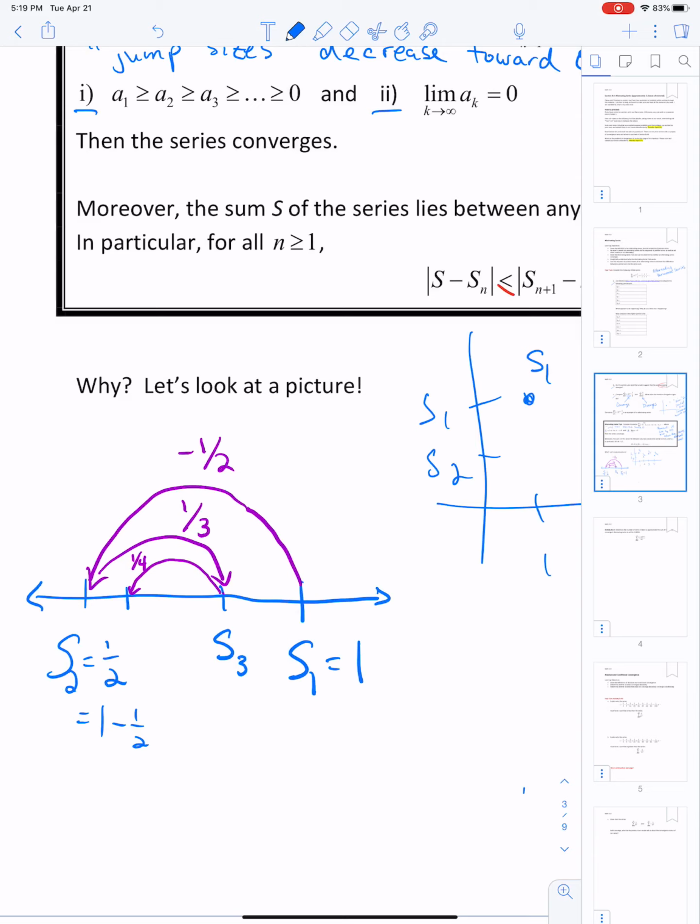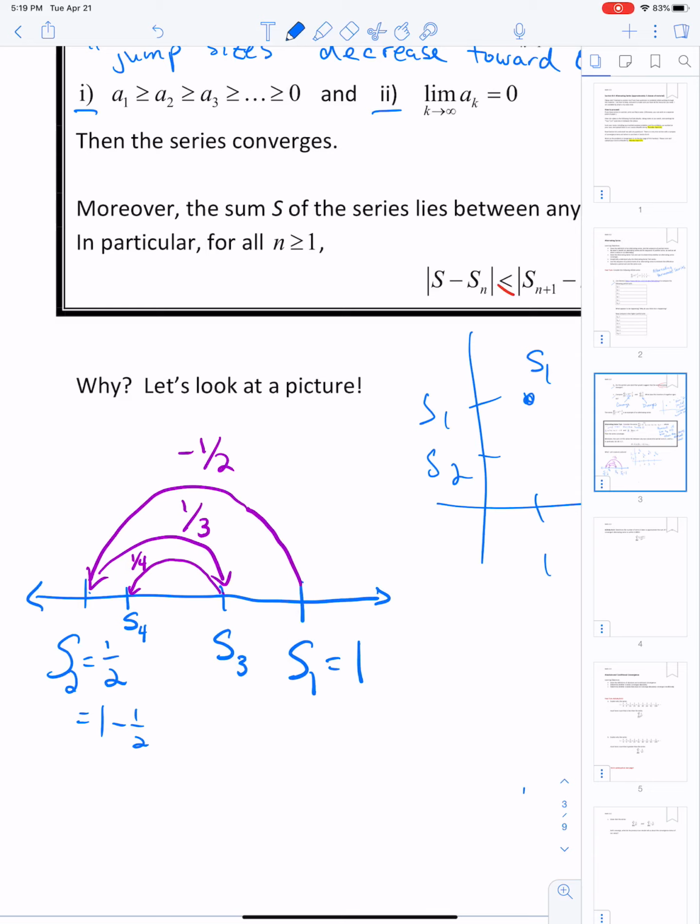So what you can see is that as we're jumping back and forth along these purple jumps on the number line, where we land are these points, the partial sums. And you can see that those partial sums are honing in on, continually zigzagging in towards a single limit.